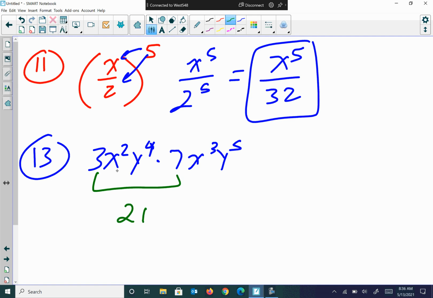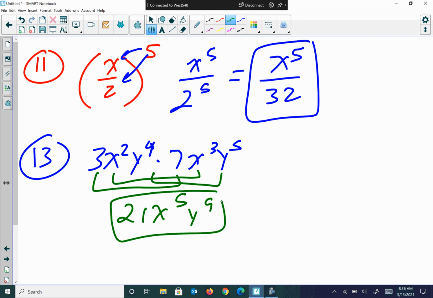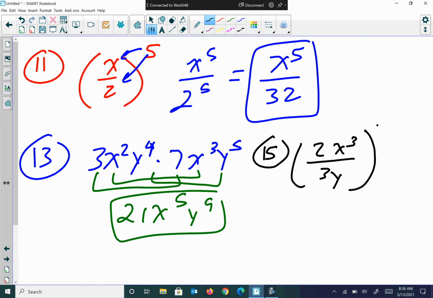So that's 21 x to the 5th, y to the 9th. Right? And 15, we got 2x to the 3rd over 3y. Everything's squared. So make sure this comes here, here, and here, and here. So I get 2 squared, which is 4, x to the 6th, 3 squared, which is 9, y squared. And that's the first page. Agree?